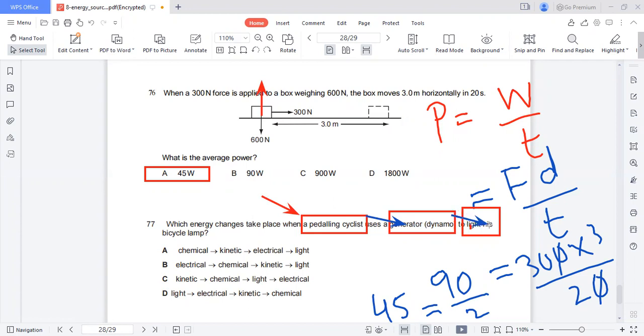That electrical energy will result in the lighting process. So I think chemical to kinetic, kinetic to electrical, electrical to light. That's the correct option. So light is the ending result. So that's why this option is incorrect.